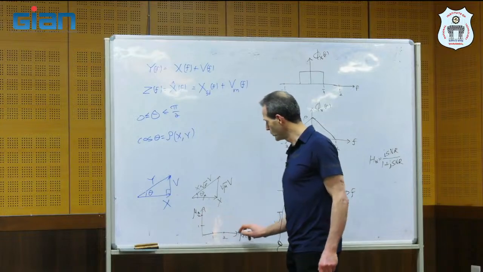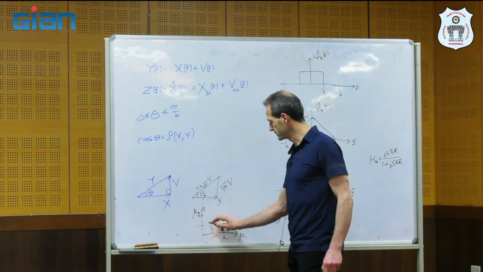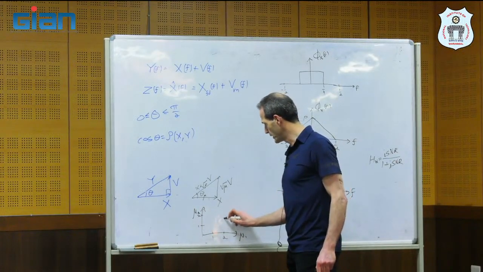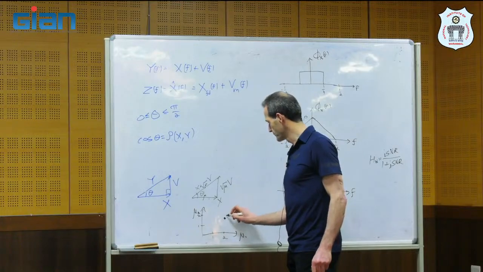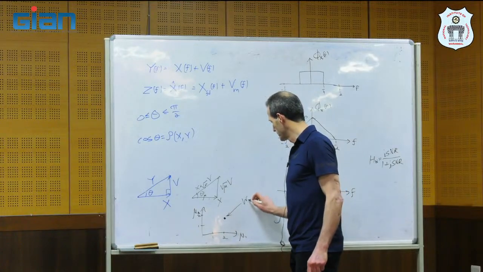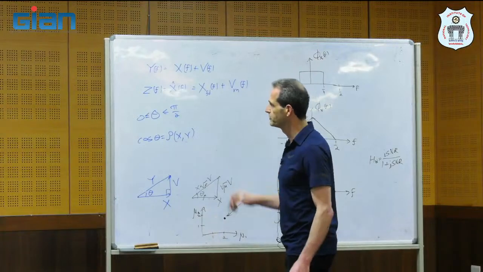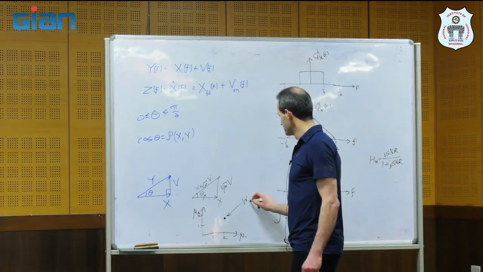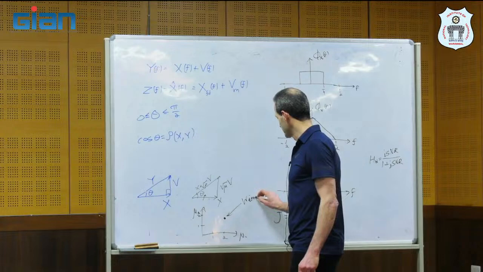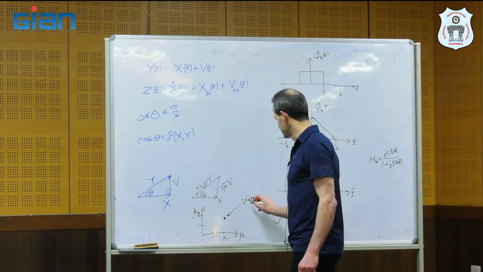If mu1 equals 2 and mu2 equals 1, here, this is the Wiener gain.